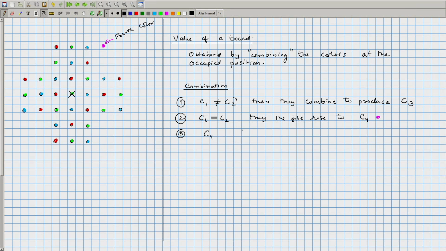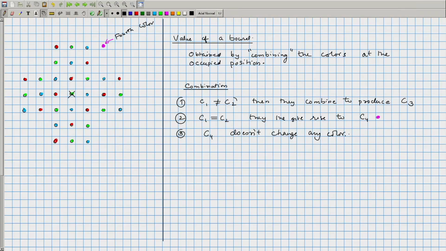C4 does not change any color. In the sense, if you combine a red and a pink, what you will get is a red. If you combine a green and a pink, you will get a green. If you combine a blue and a pink, you will get a blue, and when pink and pink combine, you will still get a pink color. So, we have described the rules of combining colors.